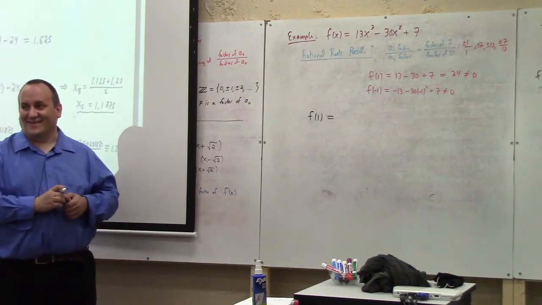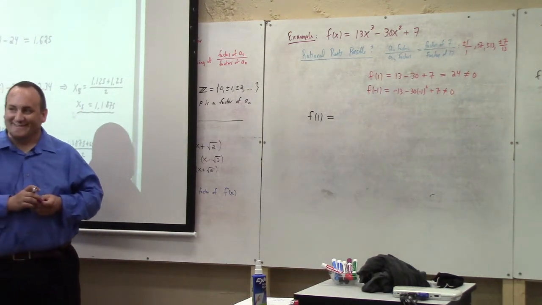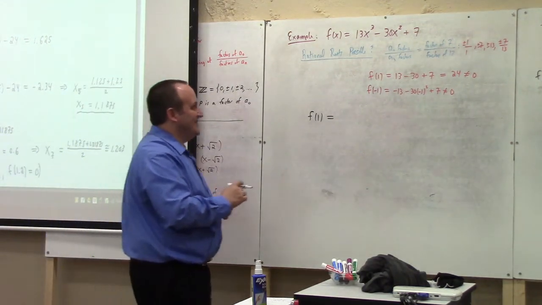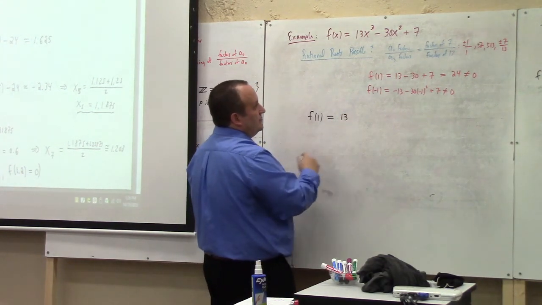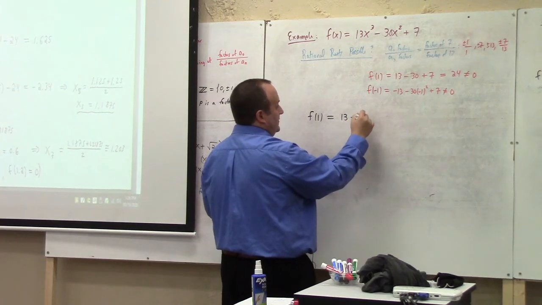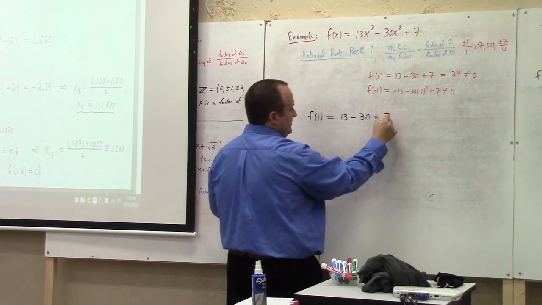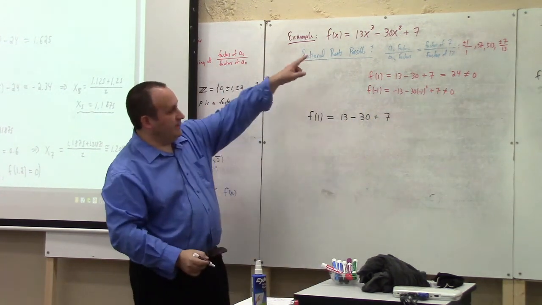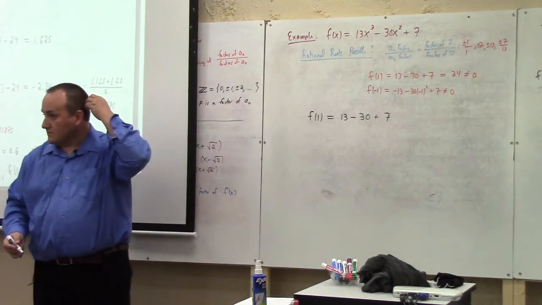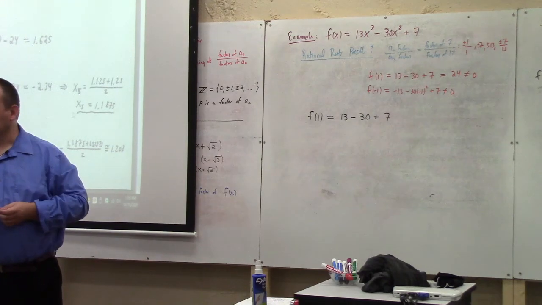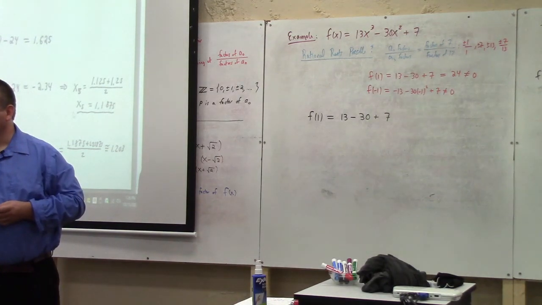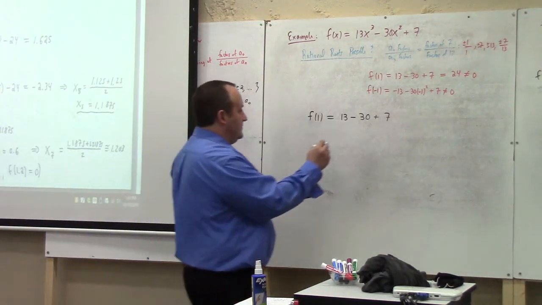I'm not going to calculate f of 13. 13 minus 30 plus 7, right? If you evaluate f of 1, you get that. What is that? Negative 10, right?